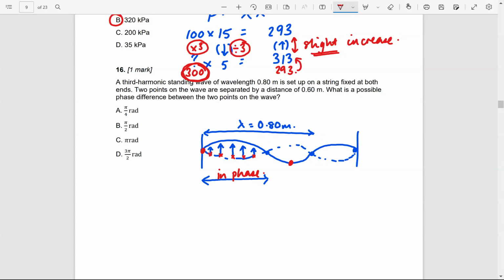However, when you move to the next section of the wave, they are 180 degrees out of phase with the previous section. So this is pi out of phase with the first section, but all of these points are in phase.